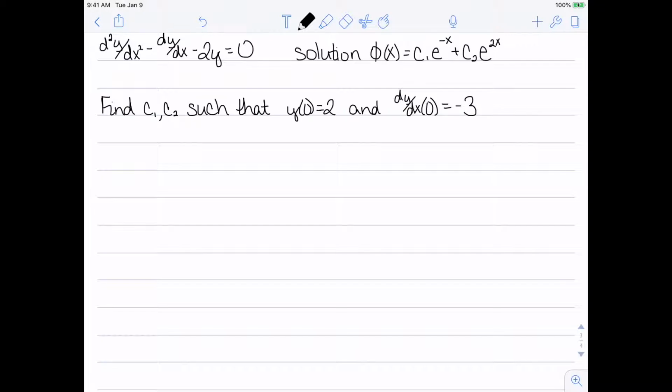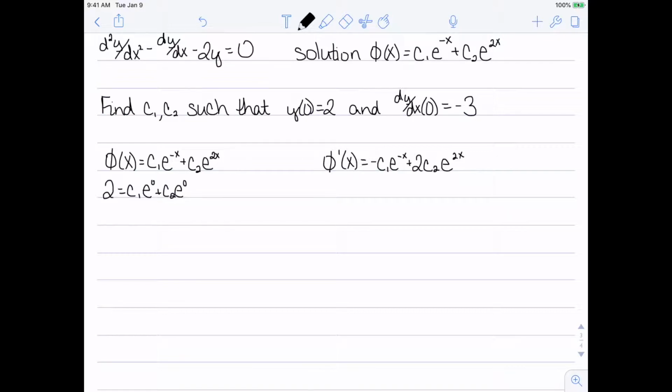So first, let's start by figuring out exactly what the derivative is. We know that my function is c1 e to the negative x plus c2 e to the 2x. Using my chain rule and exponential derivatives, I get that the derivative is negative c1 e to the minus x plus 2c2 e to the 2x. So now let's stick these points in. We know that y of 0 needs to be equal to 2.